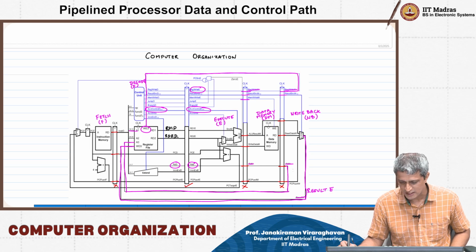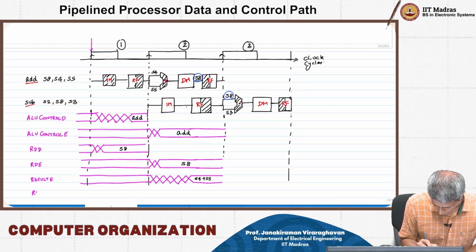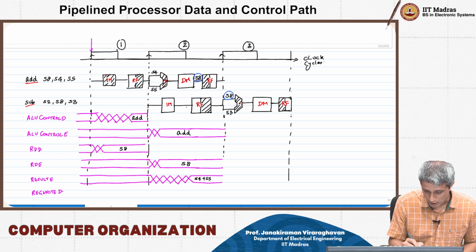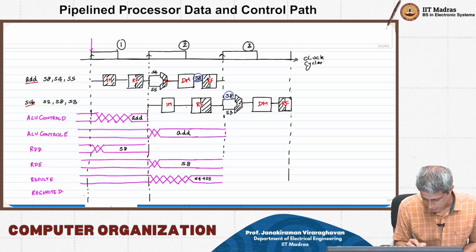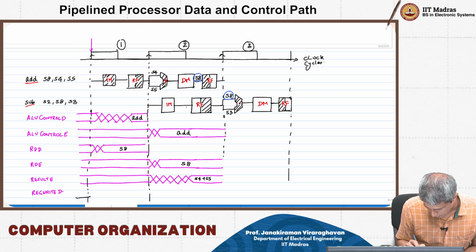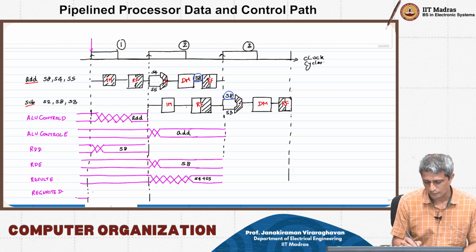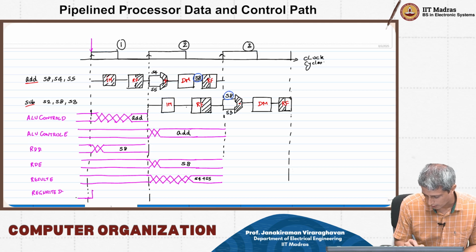So reg write D is going to get decoded in the first clock cycle itself, and this will enable it to go high right after. So it will be 0, assuming that there was no register operation earlier.